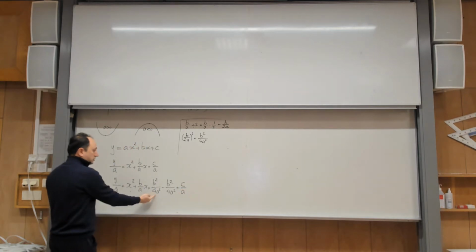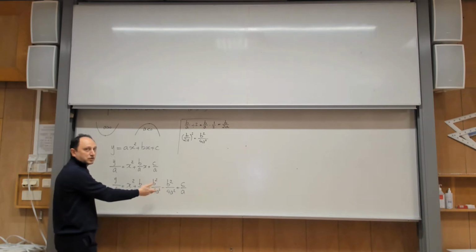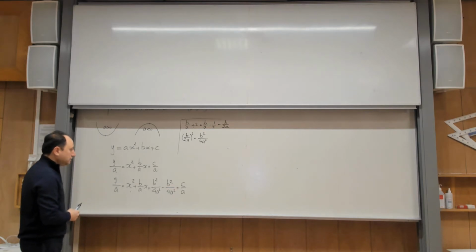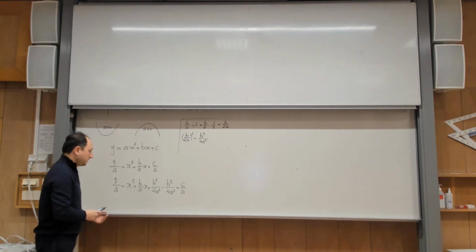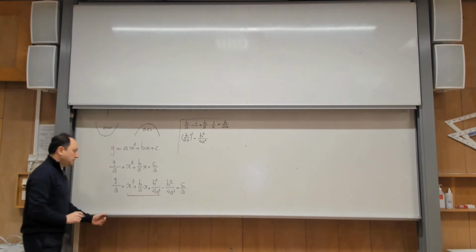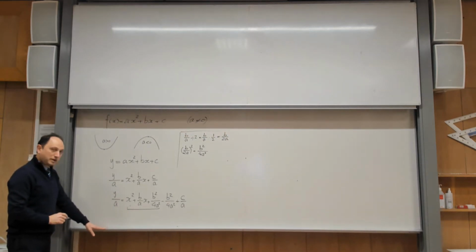I added this term to compensate for this extra term. I subtracted the same thing, so it means that I have done nothing. And then I have c over a at the end. But the benefit of adding and subtracting the same thing is that the first 3 terms are now making a squaring pattern.